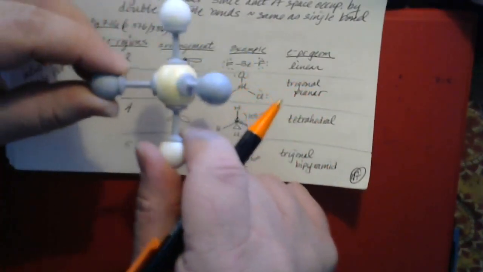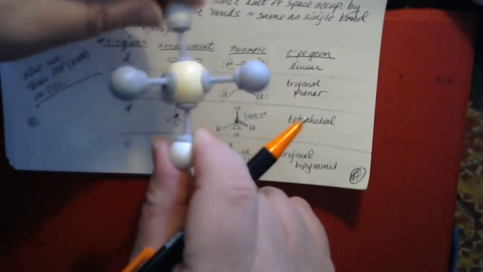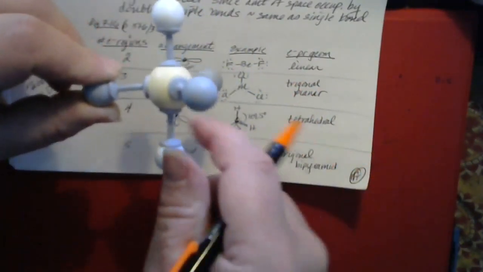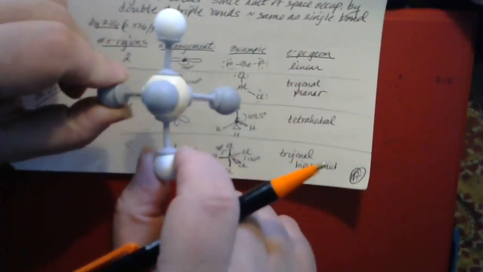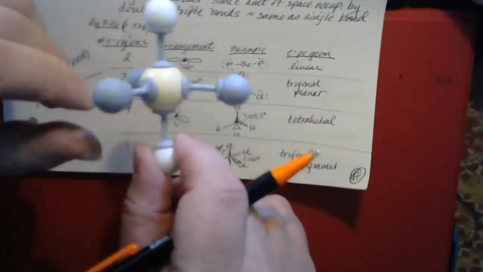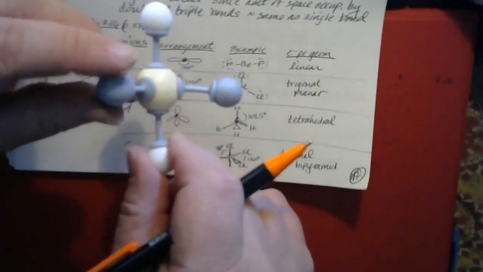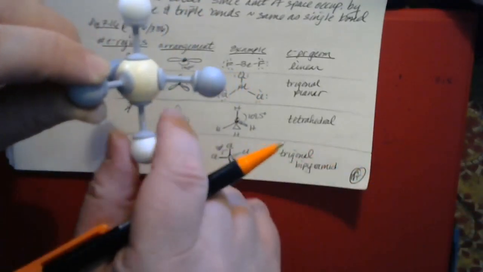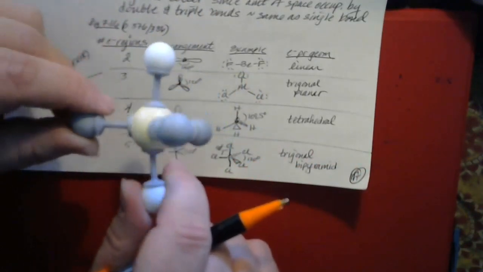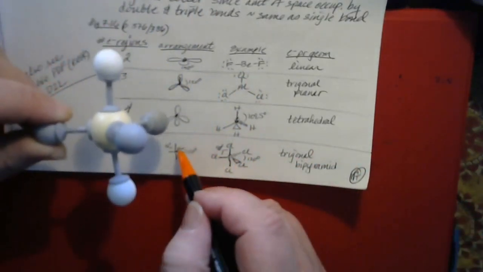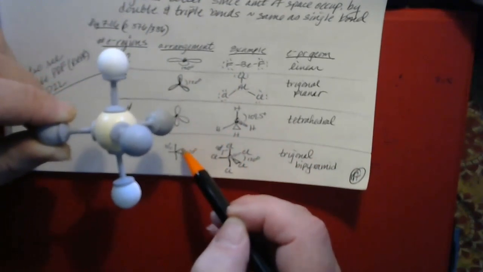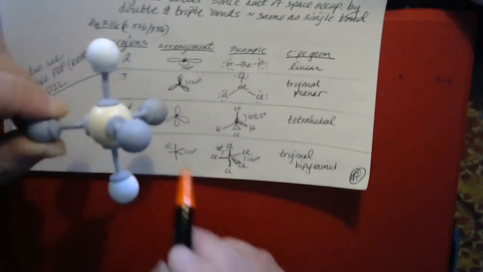Okay, and we usually draw it with the 2 atoms that are directly opposite each other going up and down, and then the 3 atoms that are going sideways are kind of horizontal. And so looking at it like this, the way I've drawn it on the paper, you've got one bond going straight up, one bond going straight down, one bond going sideways and back, one bond going sideways and forward, and then one bond going straight to the left, like this one.